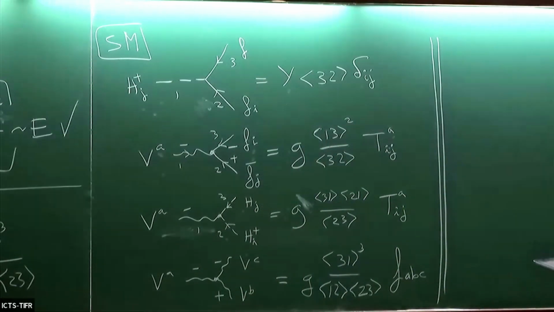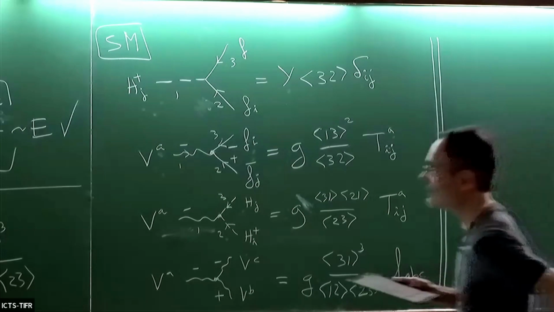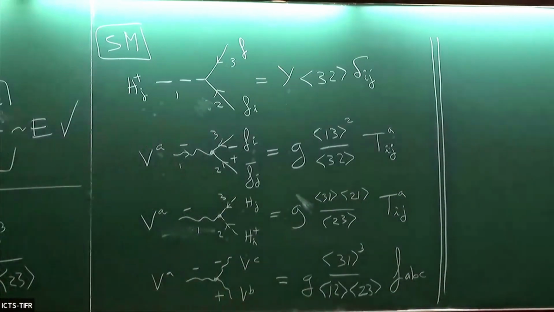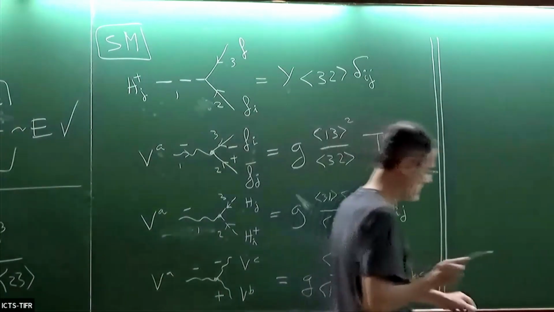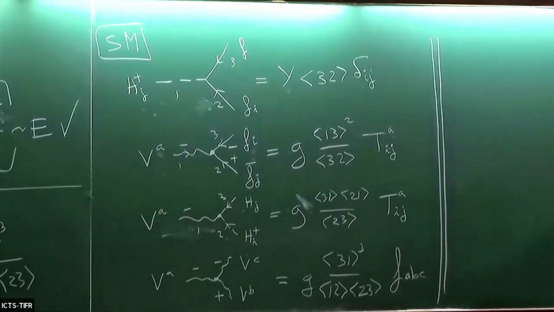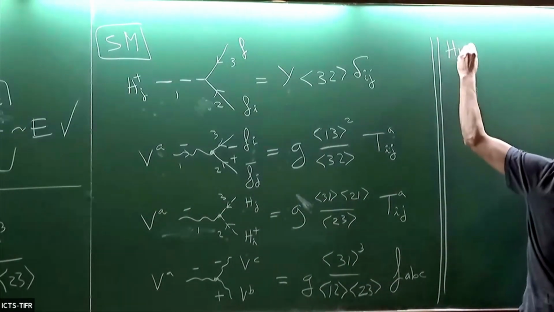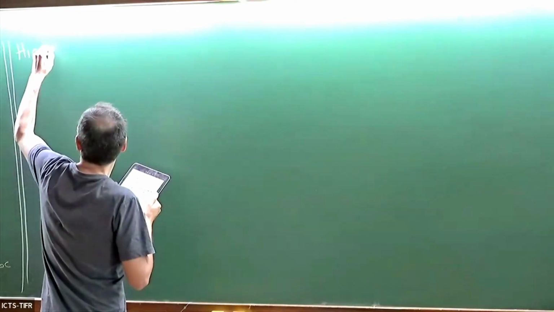I don't talk about gravitons, but we'll talk about them a little bit later on, or I can put it as an exercise. Because I want to go to higher point amplitudes.